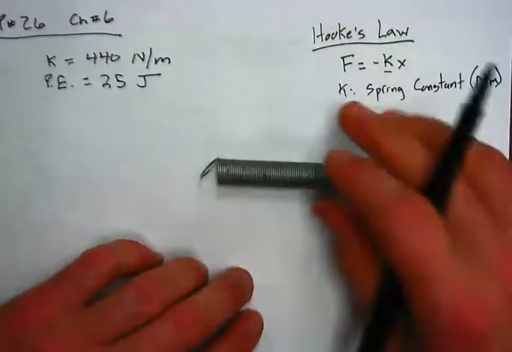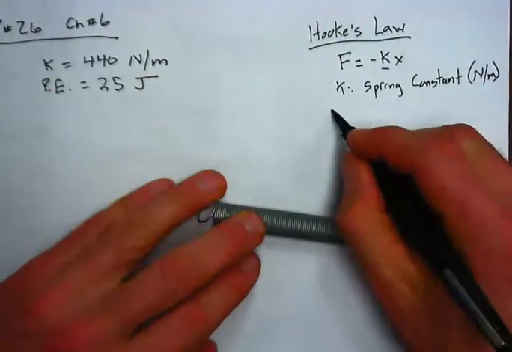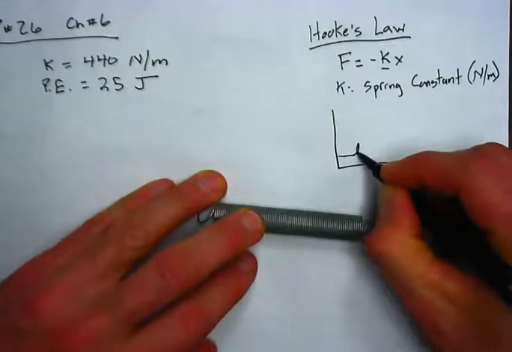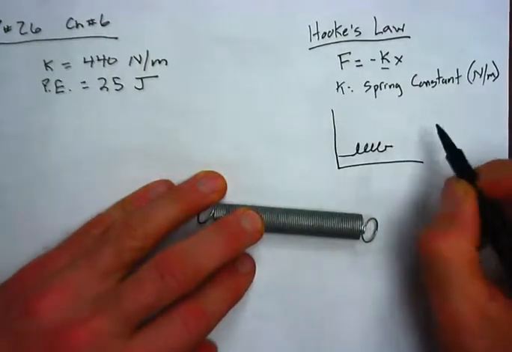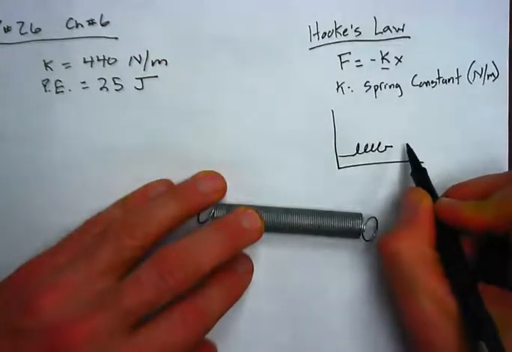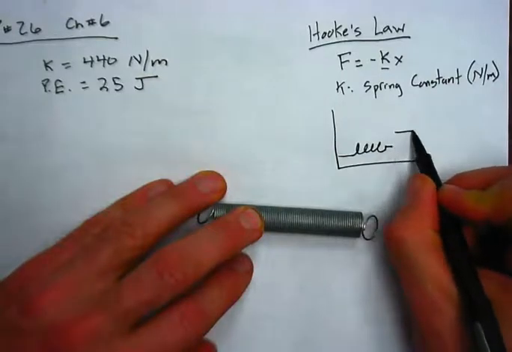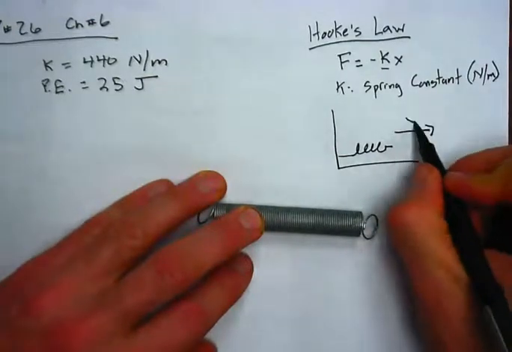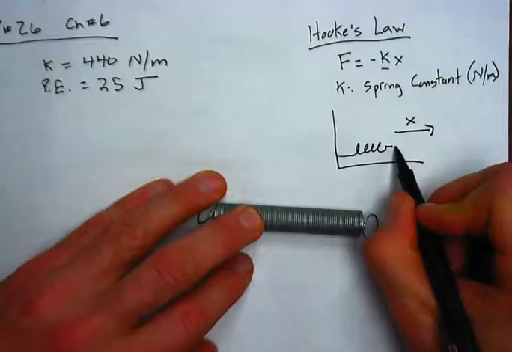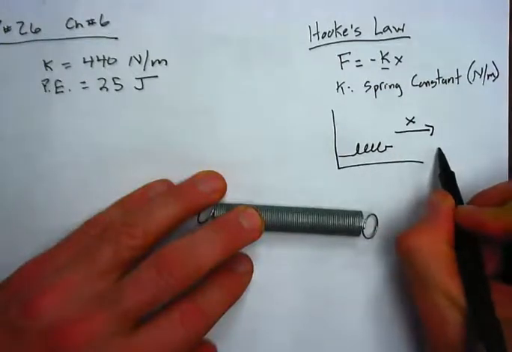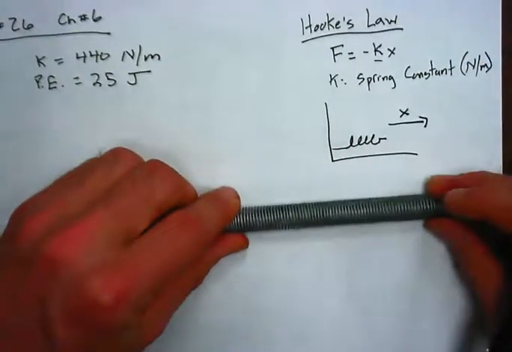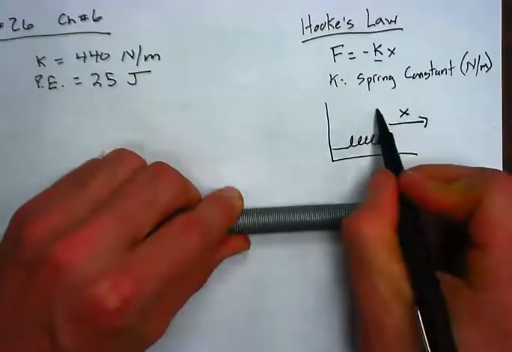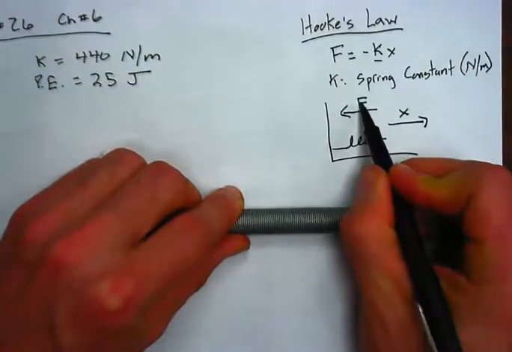Why the negative sign, people sometimes ask. If this is my spring and I displace the spring x in this direction, what way does the spring pull? It pulls back in this direction.